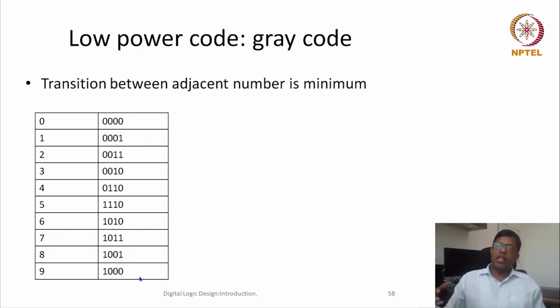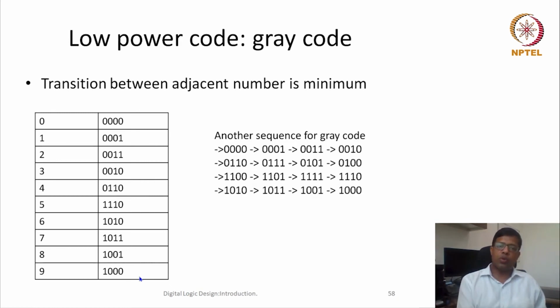Gray code is generic enough that if I want to represent, let's say, 32 different symbols or 32 numbers, I can still represent them using gray code. The only thing is the encoding is slightly different. So in our digital design, we use these gray codes whenever we would like to reduce the number of transitions between adjacent numbers.